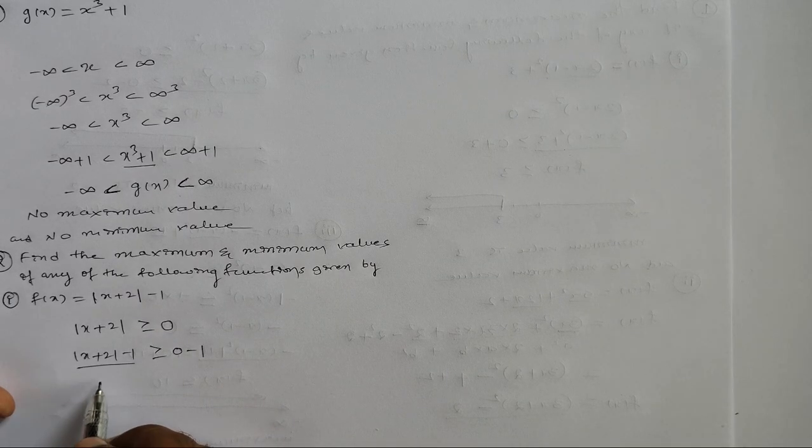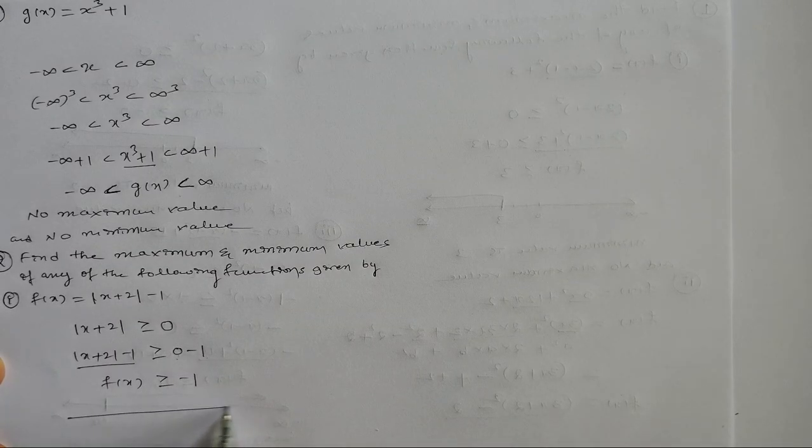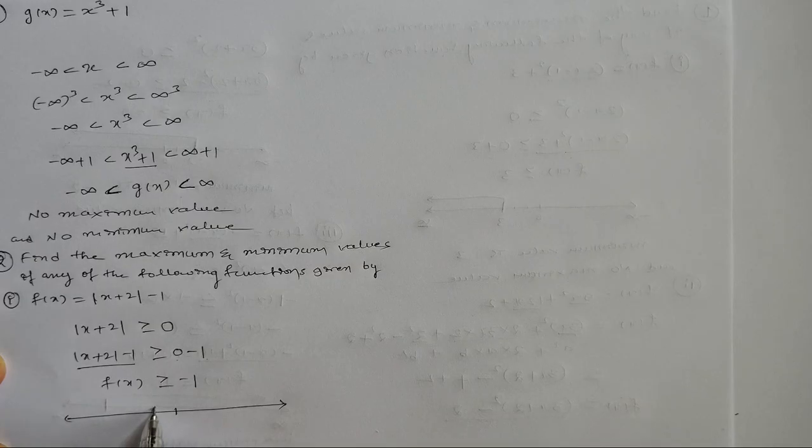So this function f of x is greater than or equal to 0 minus 1, which becomes minus 1. Greater than minus 1 means what? Draw the number line. Here it is 0 and here it is minus 1. Greater than means this side. Here it is plus infinity and here it is minus infinity. This is the maximum side and this is the minimum side. So the range of the function is from minus 1 to plus infinity.